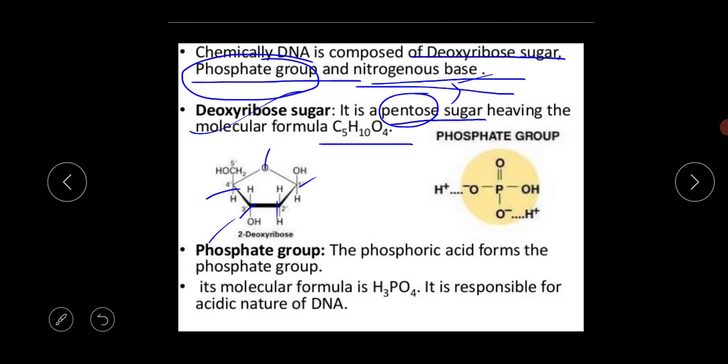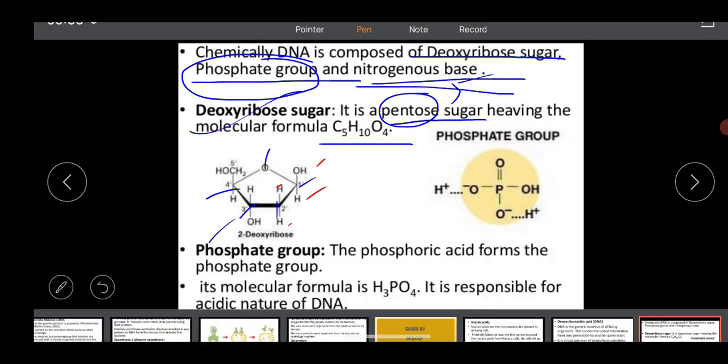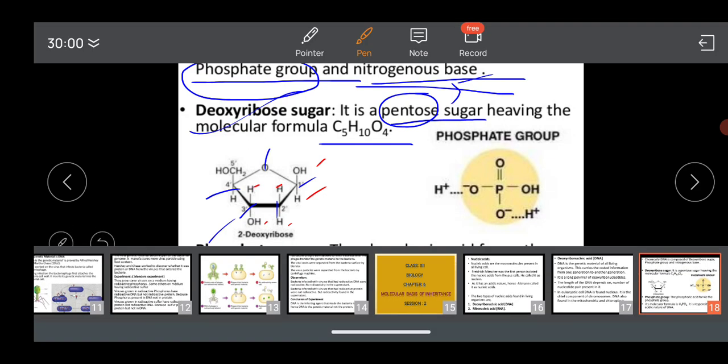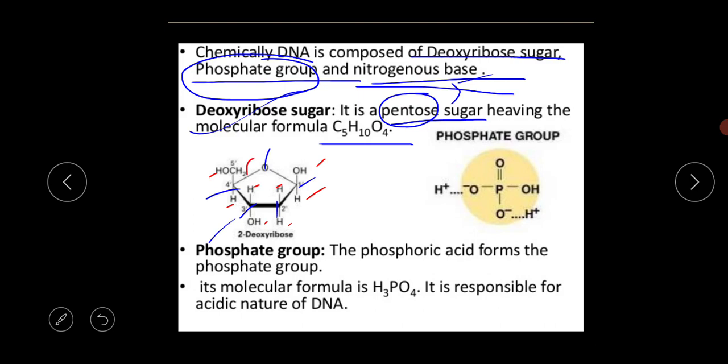Then 10 hydrogen: 1, 2, 3, 4, 5, 6, 7, 8, 9 and 10, because 2 hydrogens are there. Now I am removing all the pen lines, and last is the oxygen: 4 oxygen atoms, 1, 2, 3 and 4.